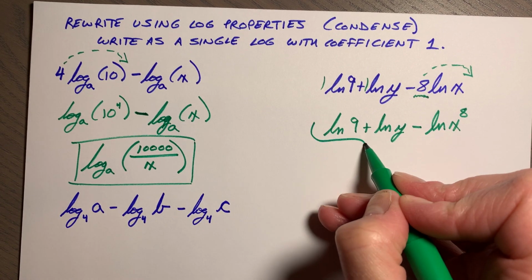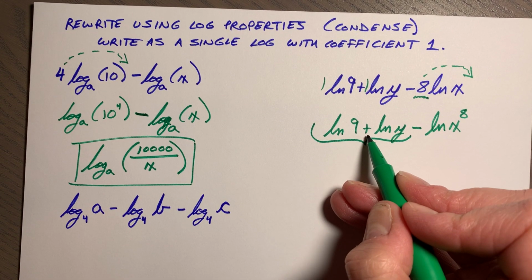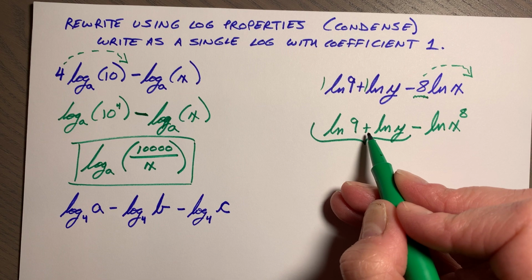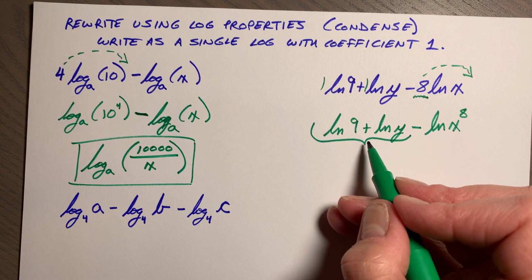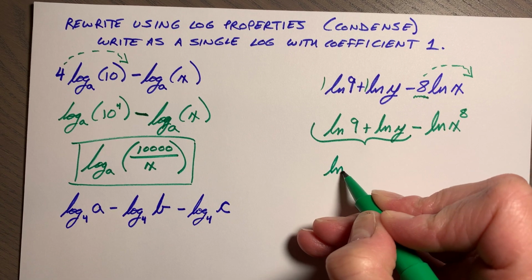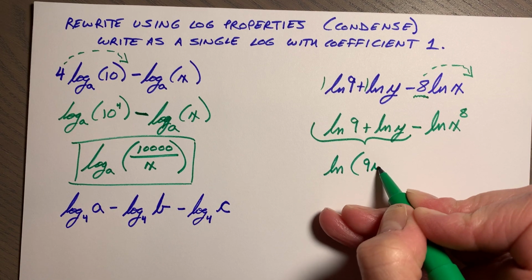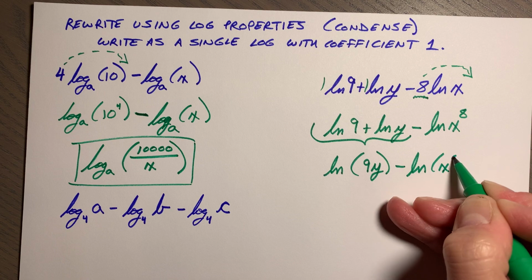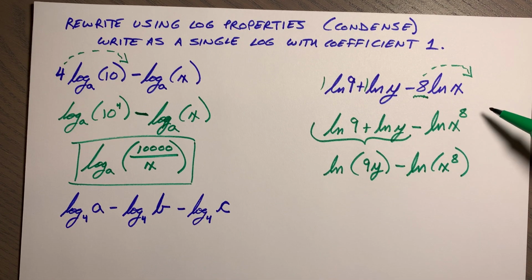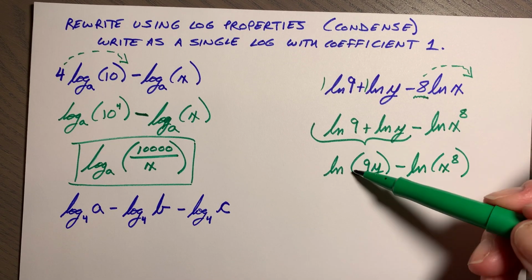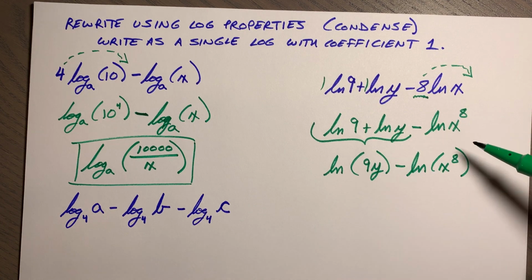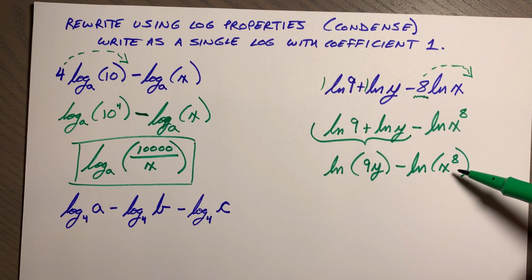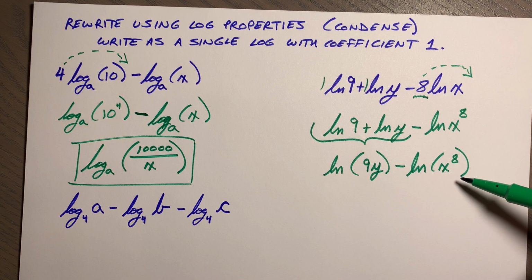So let's go step by step. This addition means we can use the product property, and I can write this as a single natural log of 9 times y. Okay. Now you notice here, I've just changed to putting my argument in parentheses. I think it's just a fine practice to help remind us what the argument is. All right.